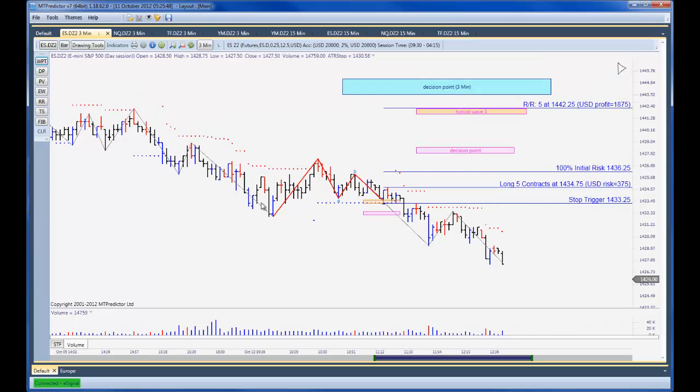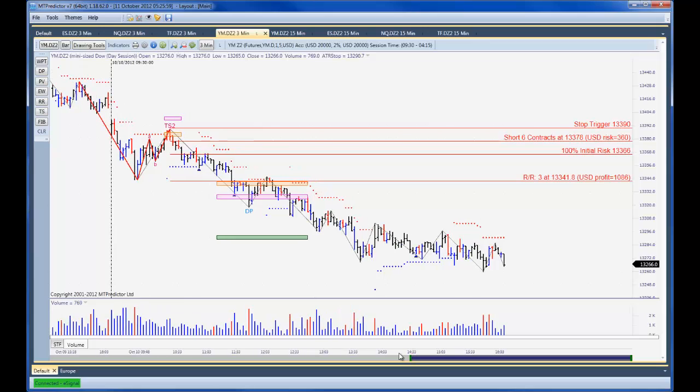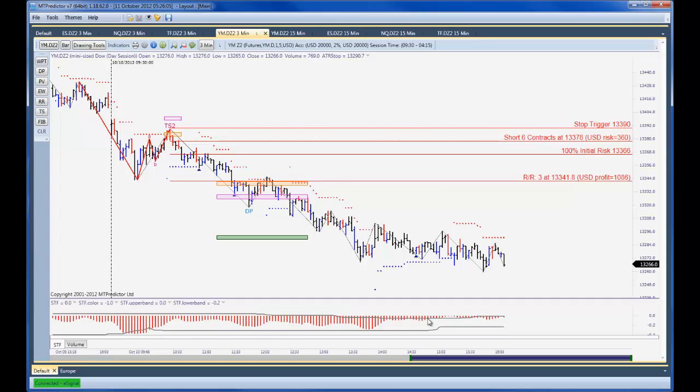So I just wanted to do this video today, particularly as I had a good look at this setup yesterday in the trading room, and particularly as it didn't unfold as anticipated. There were other setups that some of you were looking at in the trading room, particularly this TS2 sell on the 3-minute YM. STF was red all day, so the trend was down, and you can see this trade did go down to the first target for a nice +3R profit.